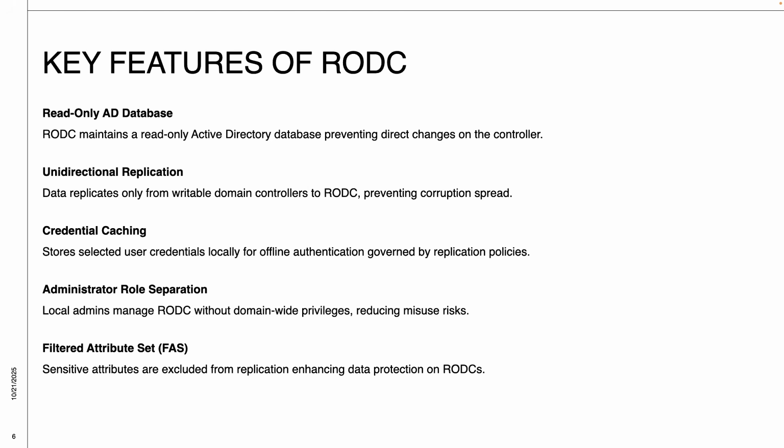Fourth, administrator role separation enables local administrators to manage the RODCs without having domain-wide privileges. This reduces the risk of misuse. And lastly, the filtered attribute set, FAS, allows sensitive attributes to be excluded from replication to the RODCs, further enhancing data protection.